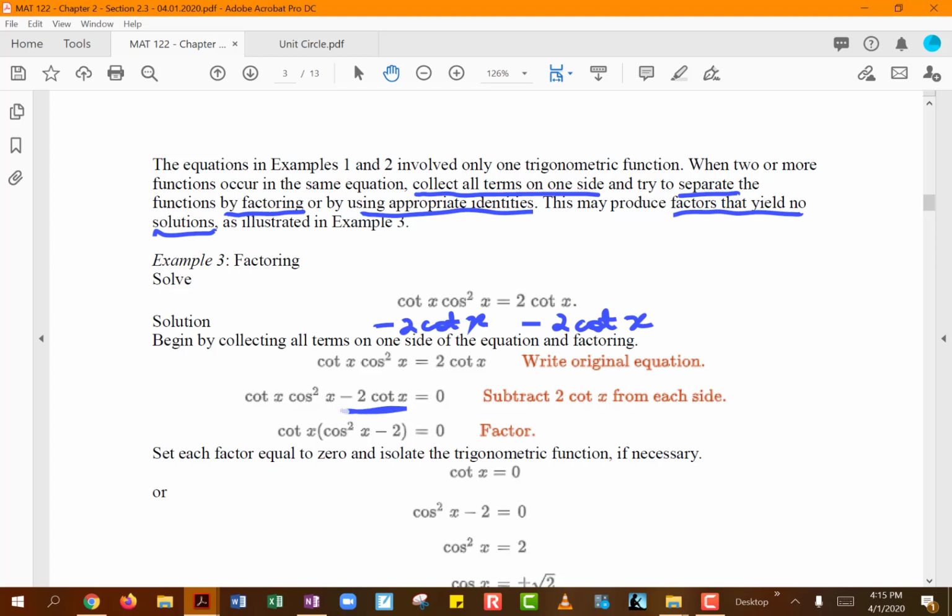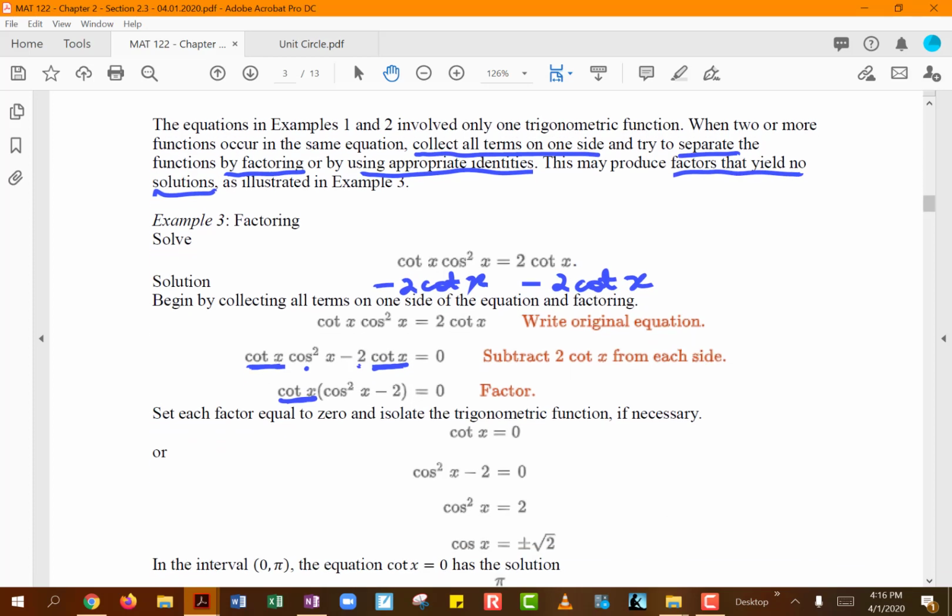And then you will see that I have a cotangent function here and a cotangent function here. So we can actually go ahead and bring it out as our greatest common factor. So from the first term, you are left behind with cosine squared of x. And from the second term, you're left behind with the 2. So we go ahead and put that in parentheses. So we're just using factoring here.